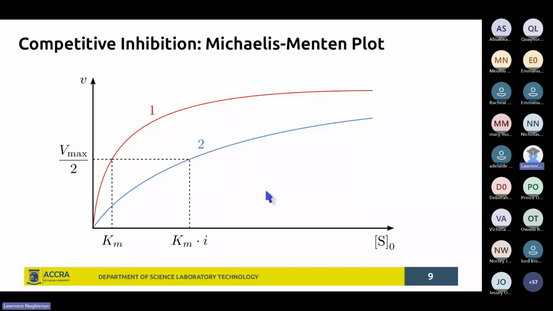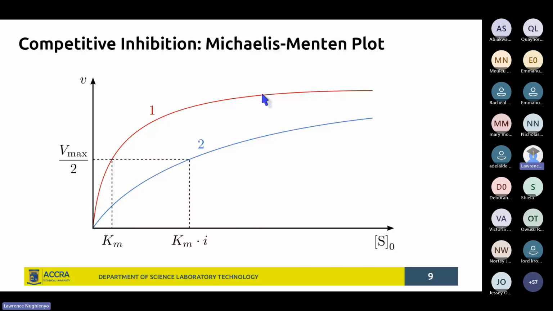Looking at this curve, you have the red curve for the normal reaction, that is without an inhibitor, with the reaction proceeding along the red curve.